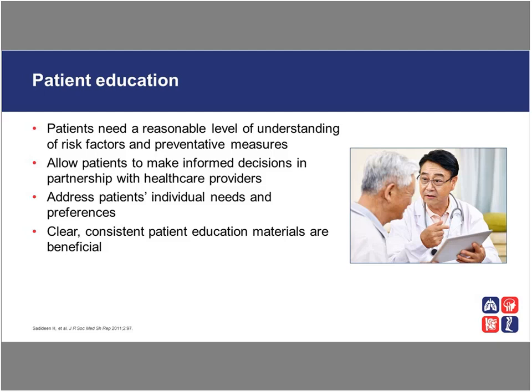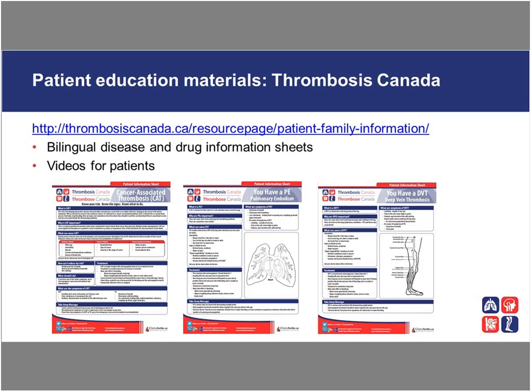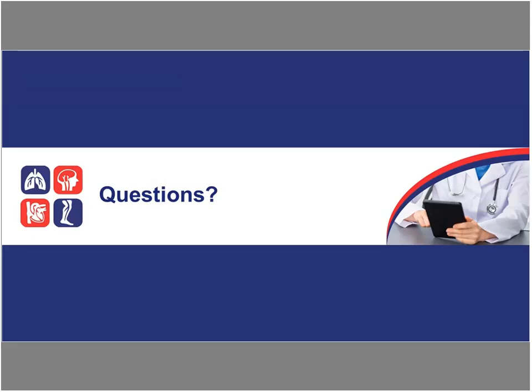On their website, they have a lot of great material you can use with your patients, both in English and French. And here we are, and the website is noted there. And there are also videos available online from Thrombosis Canada.